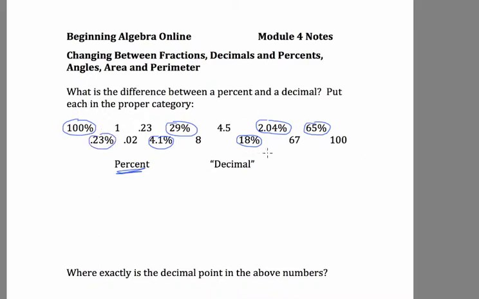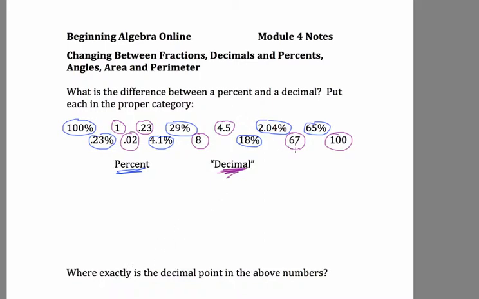Something is what we call a decimal. It's in its decimal form if it doesn't have a percentage sign by it. So these are all the decimal way of writing the number. So what happens if there is no decimal point in a number?